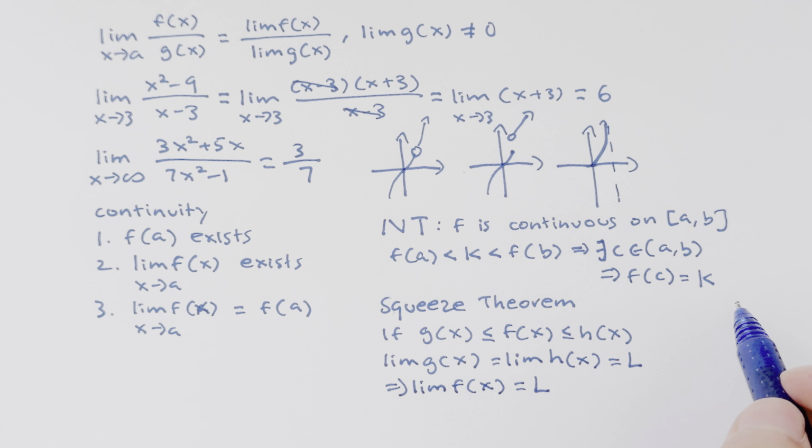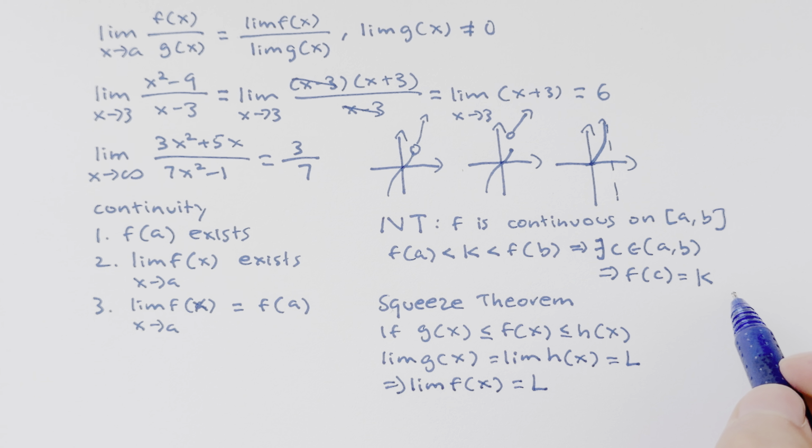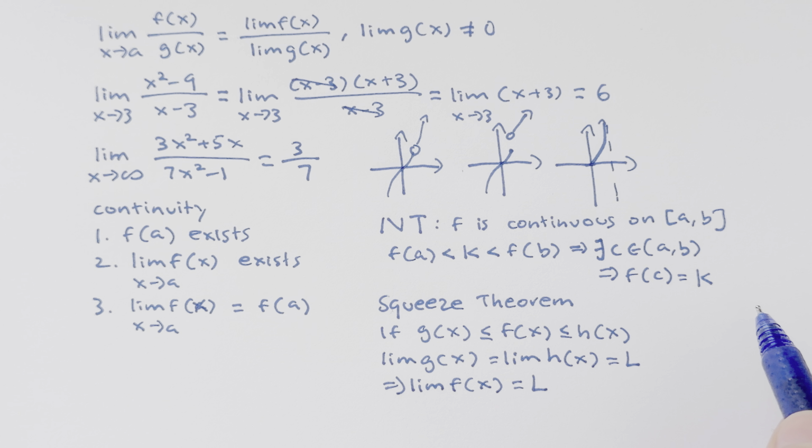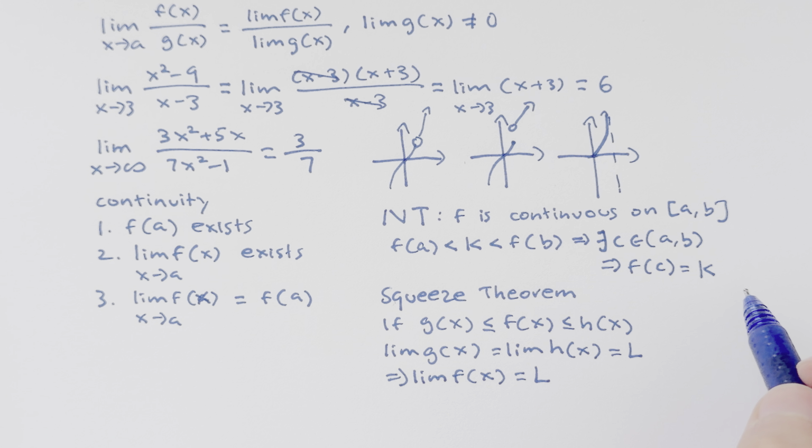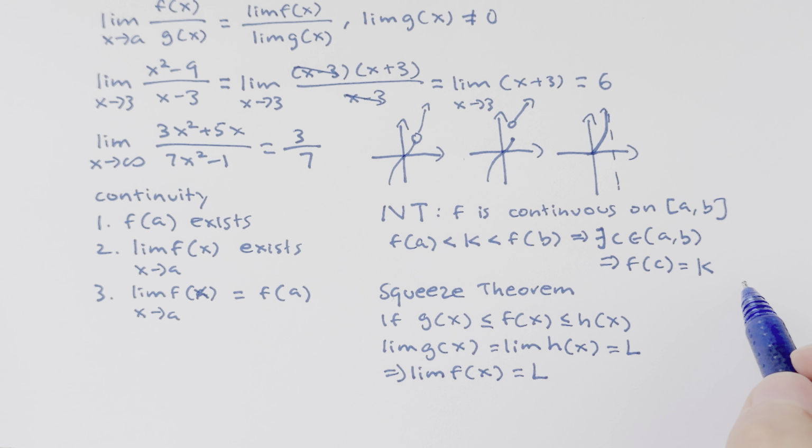So this can be useful when you want to deal with some oscillating functions such as sine of x. You know that sine of x oscillates between 1 and -1. So this could be used to bound some functions, such as the limit as x approaches 0 of x squared times sine of 1 over x, which is equal to 0.